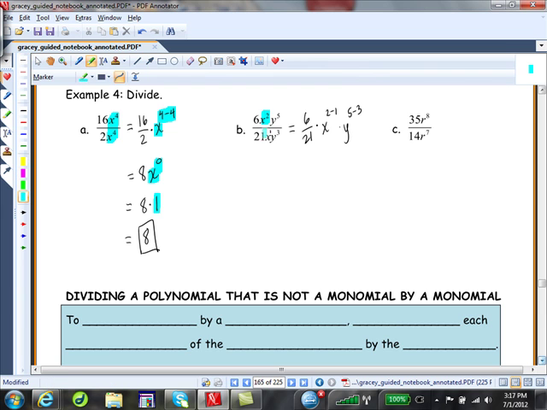So that's where we got that. And then the yellow is the y's. All right, now do you see that 3 divides both 6 and 21? So that simplifies to be 2/7 x to the 1 y squared.